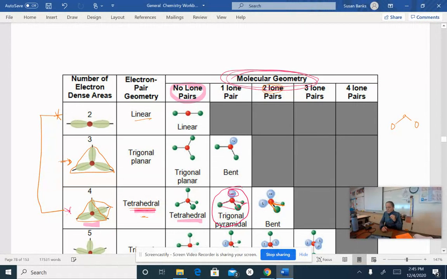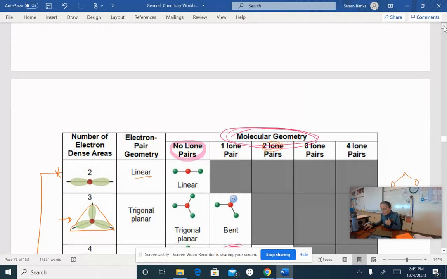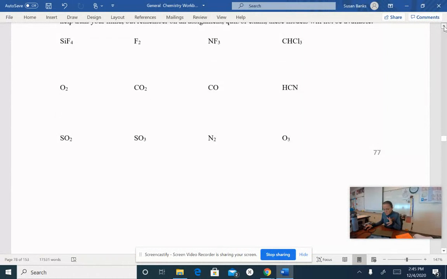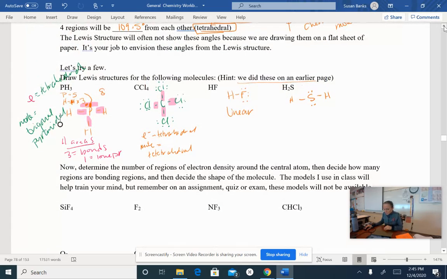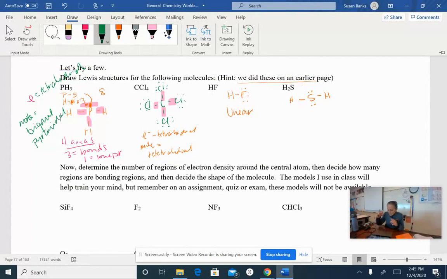Okay, so my electron geometry is tetrahedral, but my molecular, because of those 2 lone pairs, is bent. Okay, so this is where paper and pencil don't really do us any favors three-dimensionally. So it's really important that you get the mental picture of what's on the paper out of your head because it's not necessarily true.